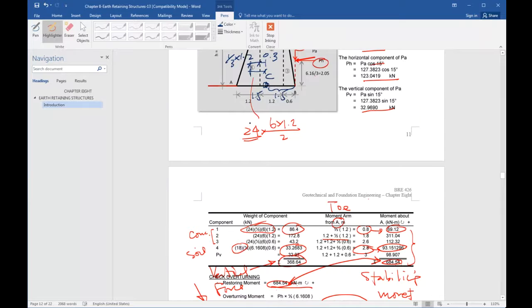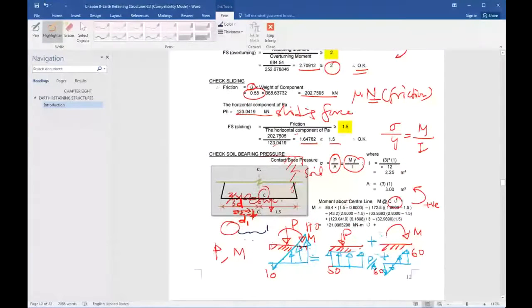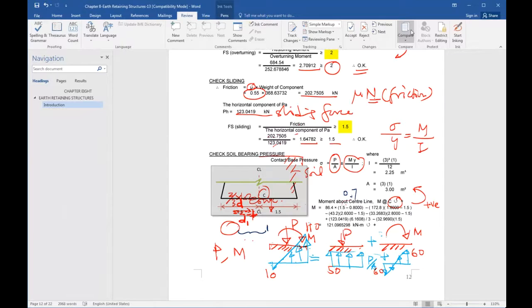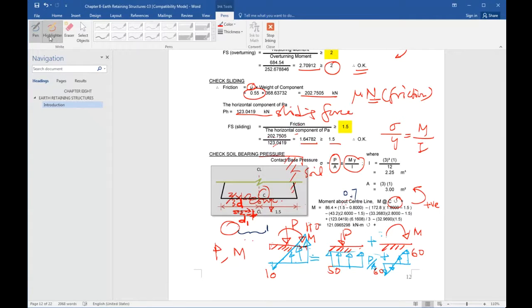Okay, 0.7 meters. So you can see here, 0.7 meters.